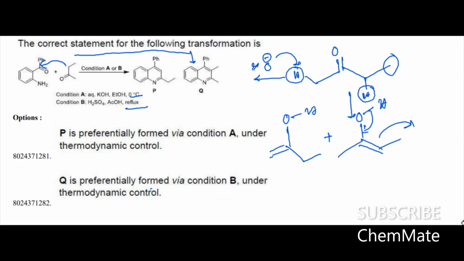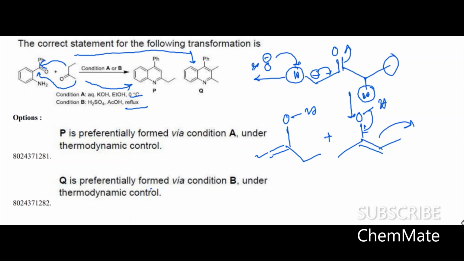So OH minus will preferentially abstract this proton, and this enolate will form, and it will attack this carbon. So under kinetic control this carbon will attack at this carbon center, and from that we'll get the product P. So Q will be formed under thermodynamic control and P will be formed under kinetic control.